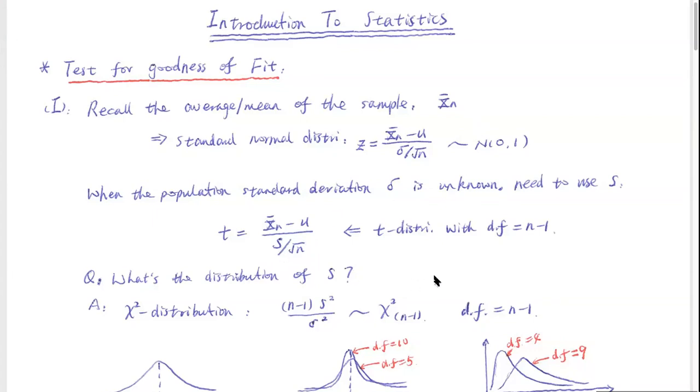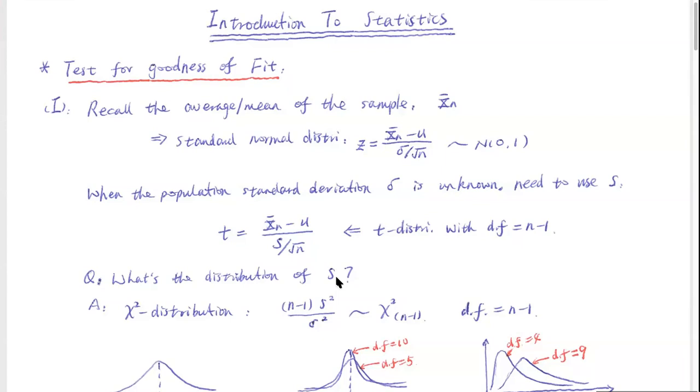So there's one thing that we haven't studied, which is this S, the sample standard deviation. Intuitively, how do we understand this S? Remember, S we can consider as the change relative to the average. How the data changes.